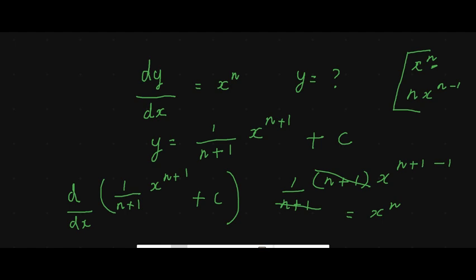We effectively use this formula to find y. If somebody asks you, here is x to the power of 15, find y, all we need to do is say 1 by 15 plus 1, which is 16, then x to the power of 15 plus 1, which is 16, plus c.